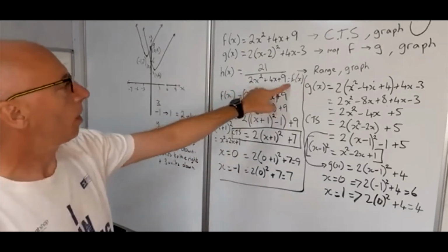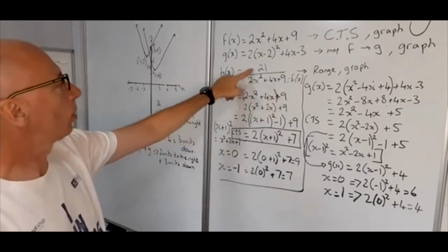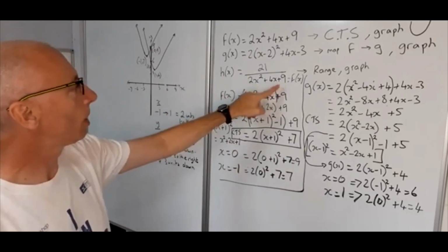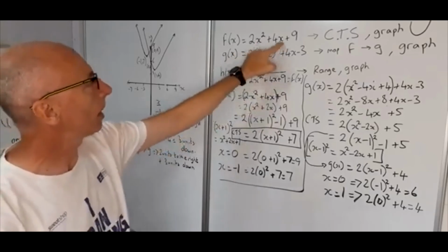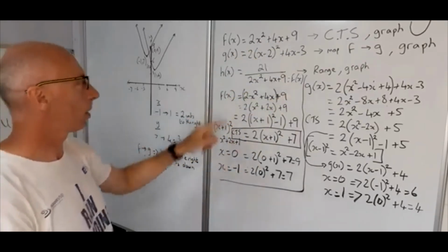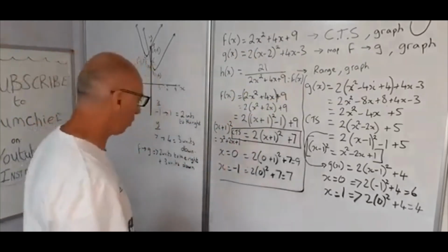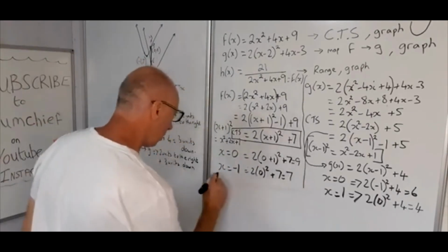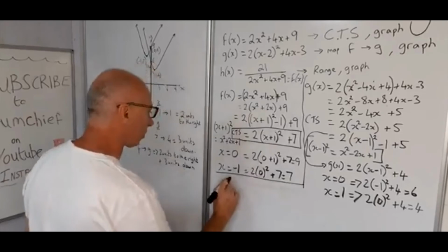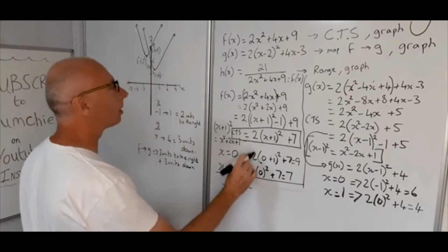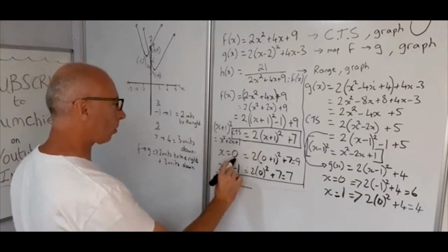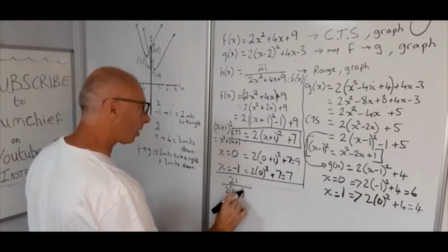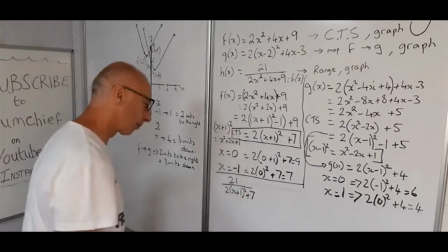Okay, so now we've got this function here, 21 over 2x squared plus 4x plus 9, which we know is the same as this. So we can rewrite that one here. So we've got 21 over, having completed the square, 2 times (x plus 1) squared plus 7.